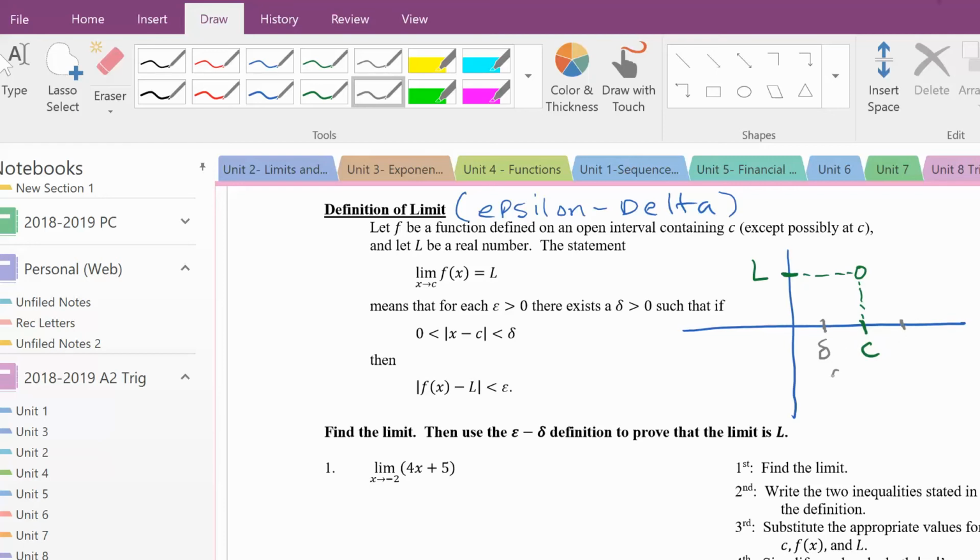So this would be c minus delta, and c plus delta here. My deltas aren't the greatest. So this is basically the horizontal distance that you change.